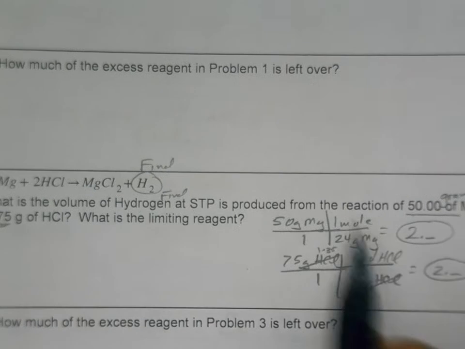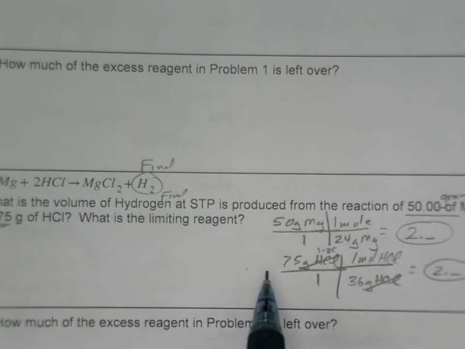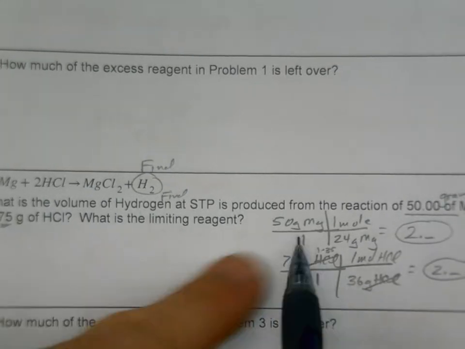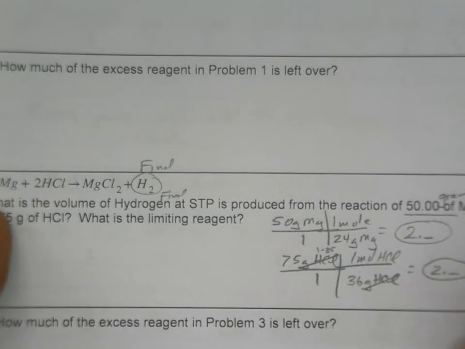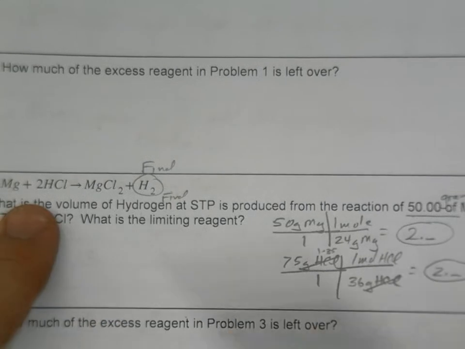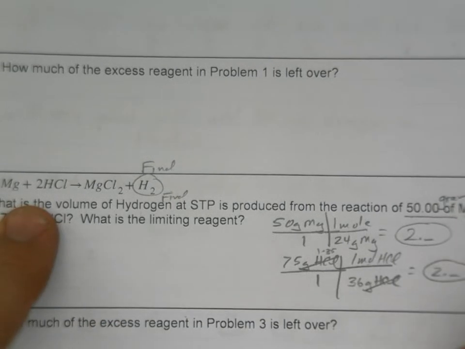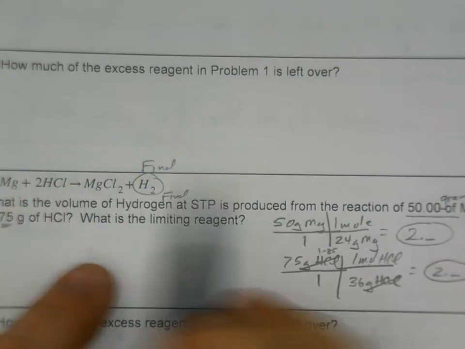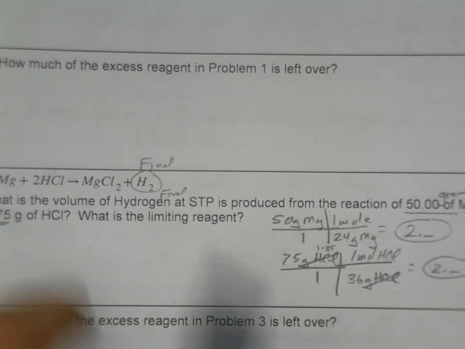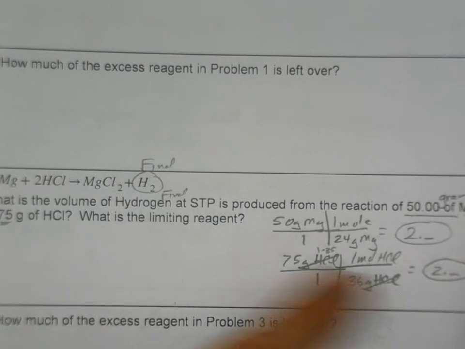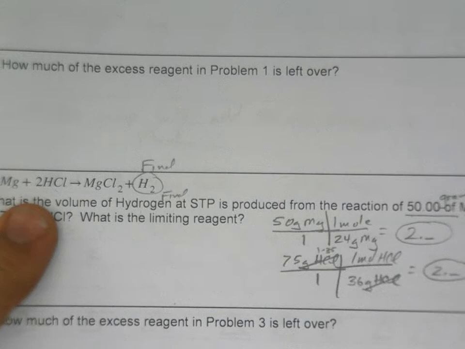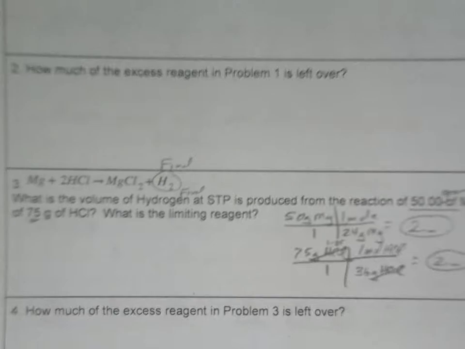Now the next step, we have to look at the balanced equation for the mole ratios. For magnesium, there's 1 mole of magnesium in the balanced equation, and for HCl, there are 2 moles of HCl. So in order for this reaction to work properly, you need to have twice as much HCl as magnesium.